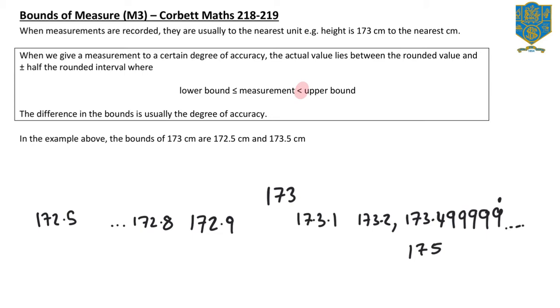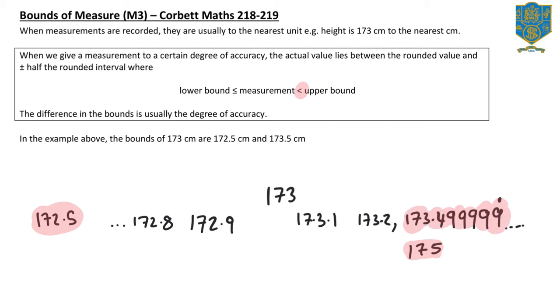So what we're saying is that 173 can be everything down to and including 172.5, but it's not going to be equal to 173.5. Anything just less than that, like 173.499999, is going to be less than it, as is this number here. So the 173.5 is a lot more practical.